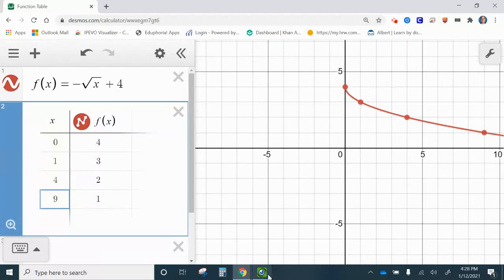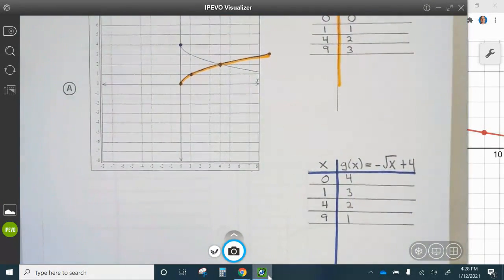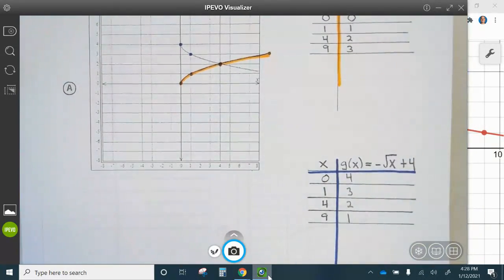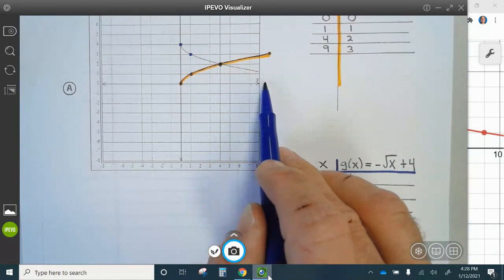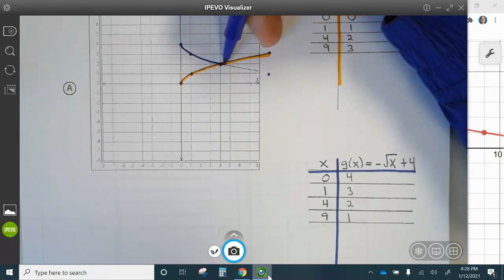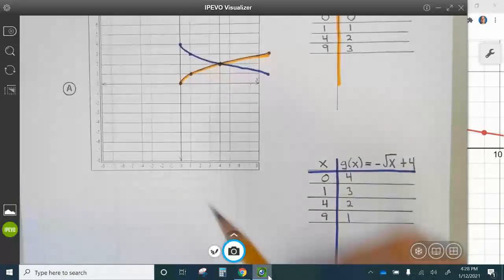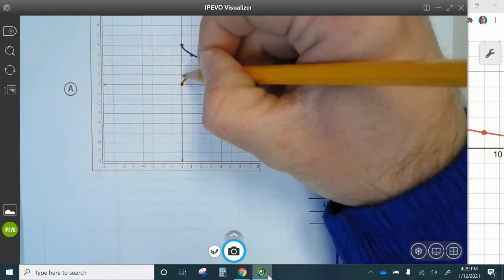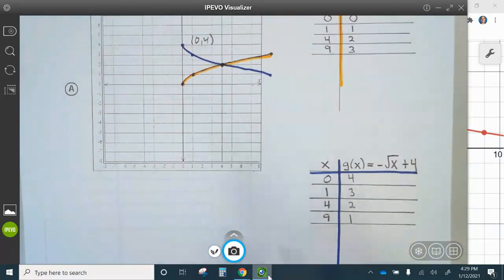So let's go and graph that. 0, 4 is right here. 1, 3 is right here. 4, 2 is right here. And then 9, 1, 2, 3, 4, 5, 6, 7, 8, 9, 1 would be right there. Now, the domain for g of x, the important point is this point right here, 0, 4.